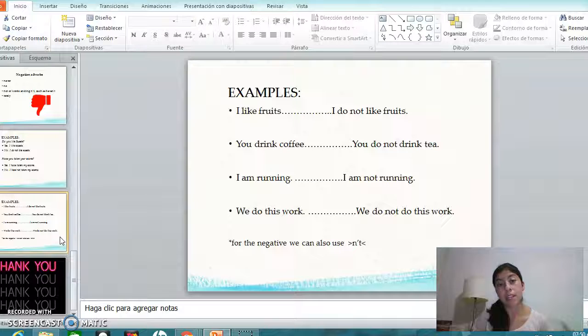This would be the negative form. And there's a little quote that I put so we can emphasize that for the negation we can also use n't. As I was saying, either is okay, it's correct to use, okay?